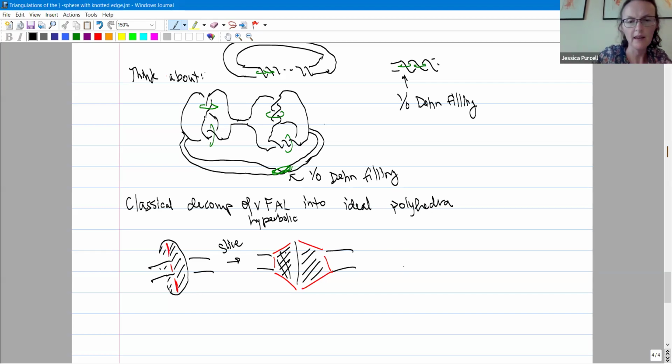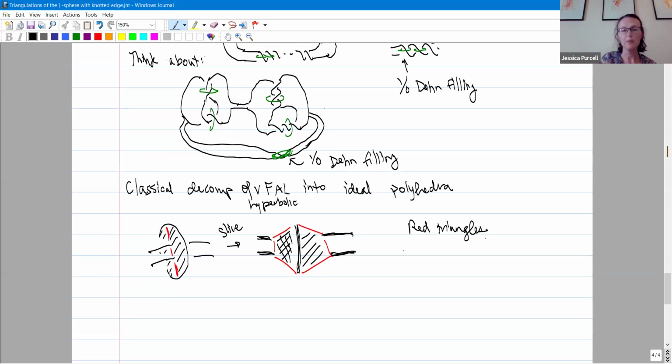So notice that when you shrink these thicker lines, these are ideal vertices. They're part of the link, so they're not part of the knot, so they should be ideal. When you shrink them down, all that's left over are these red triangles. And then you've also got faces corresponding to the faces of the link. These are your faces of your polyhedron.